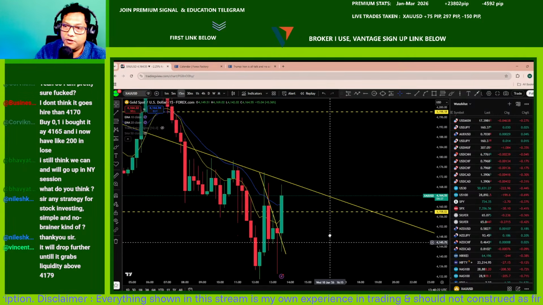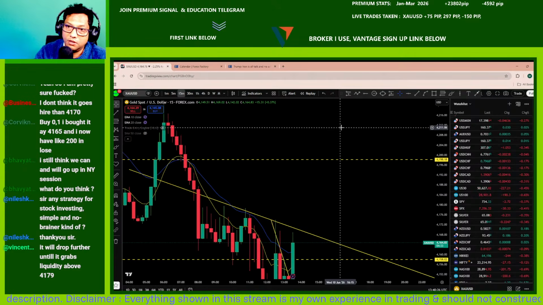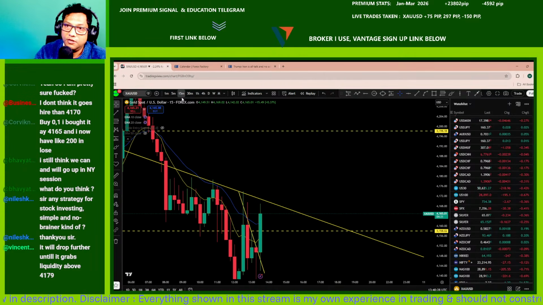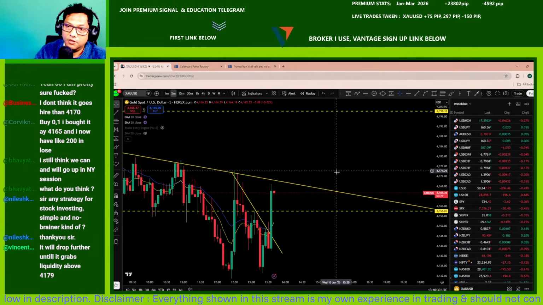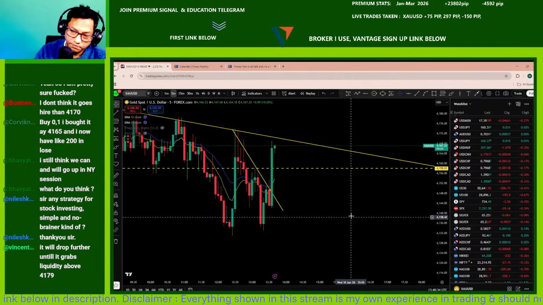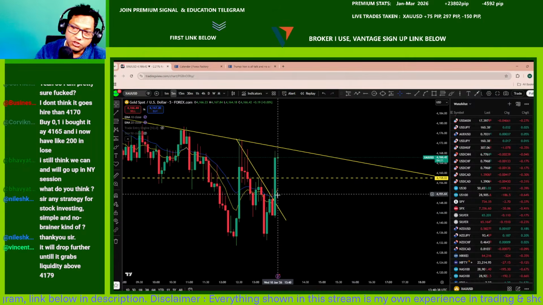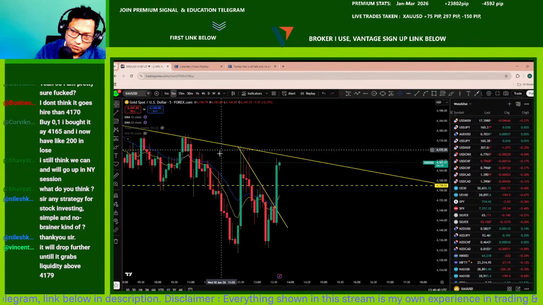And from here, there's a narrow doji. This might now try to grab liquidity, and that's why I didn't enter here, because it was a very small move that didn't show stronger momentum.